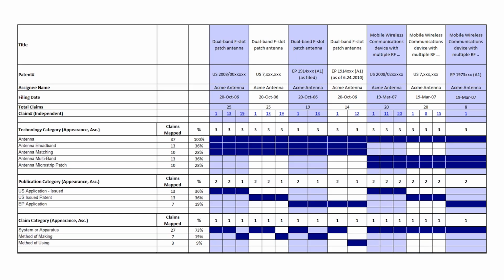The first vertical purple slot is an as-filed application. The second white slot is the actual published or granted application in the U.S. The third, the second purple slot vertical, is the patent application as filed in Europe, and then a later application is the next one.